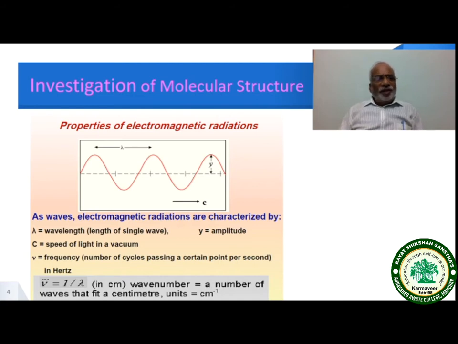First of all, we consider wavelength. Here, the electromagnetic radiation is shown in red. The distance between two successive peaks, or successive troughs, or successive maxima, or successive minima, is referred to as wavelength.